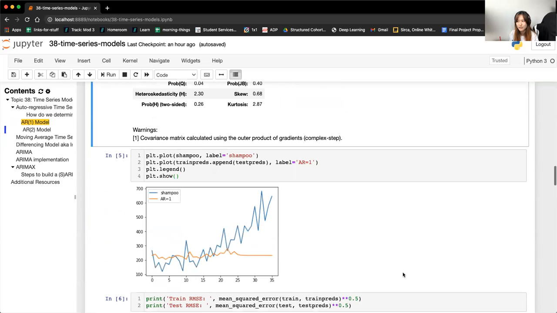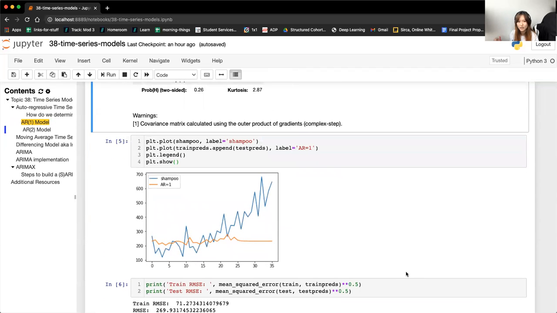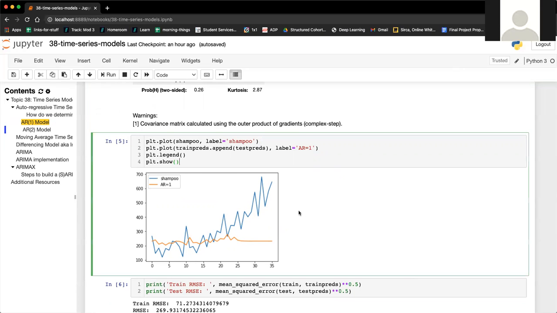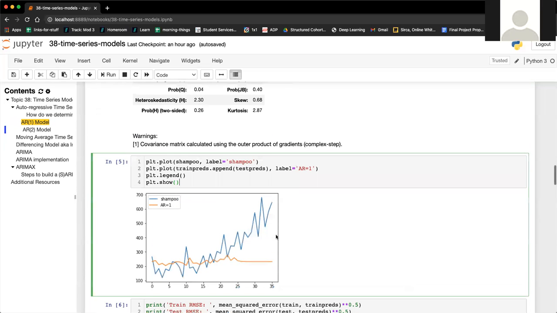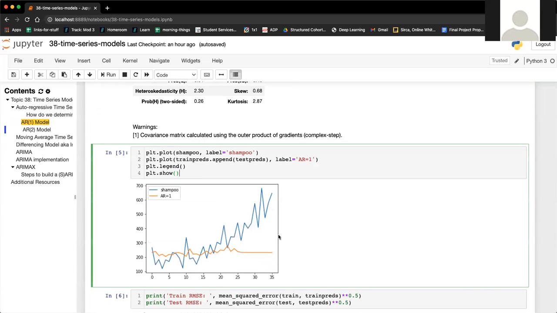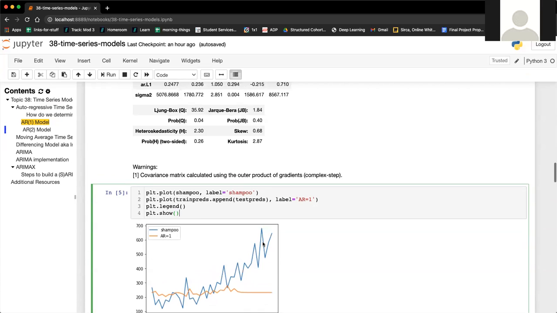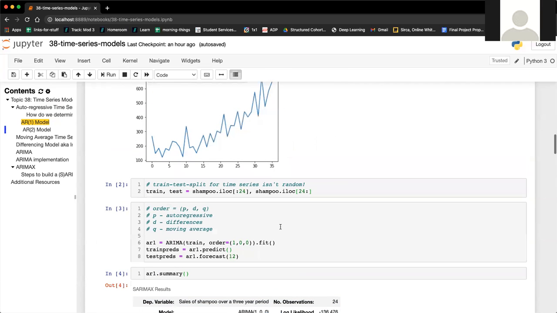Any questions about this so far? I'm trying to follow along in the study group notebook, and there's an error running the model. It said invalid value encountered in the data. Array must not contain infinities or nans. Oh, okay.